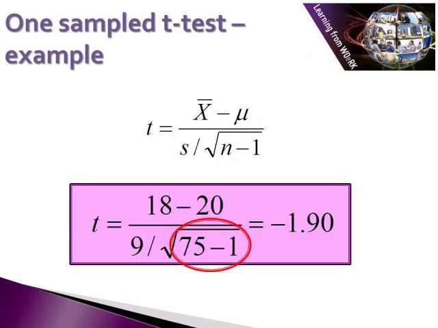So using the t-test statistic that we know from the previous slide, the value of n-1, the bit at the bottom that's circled in red, actually gives us our degrees of freedom. In this case we have interviewed, we've surveyed 75 people, so we have 75 minus 1.